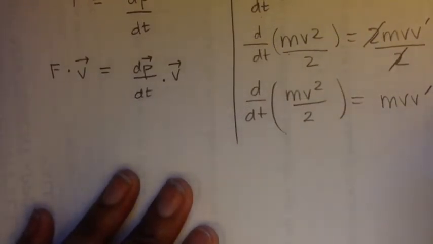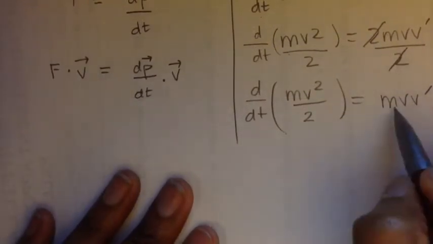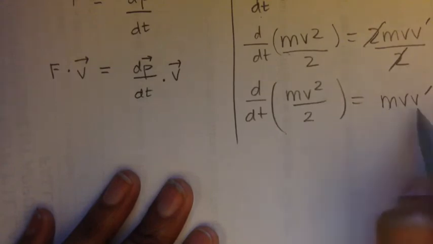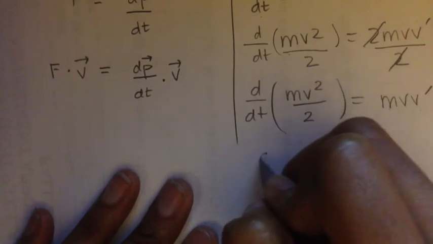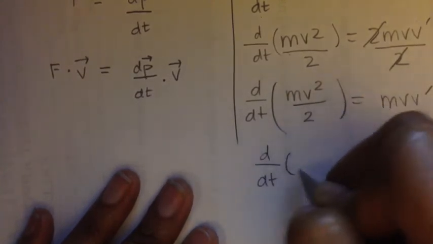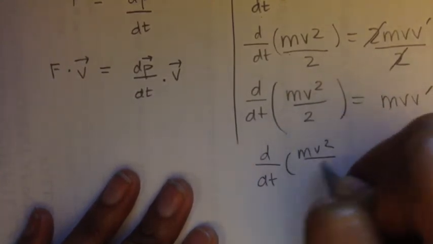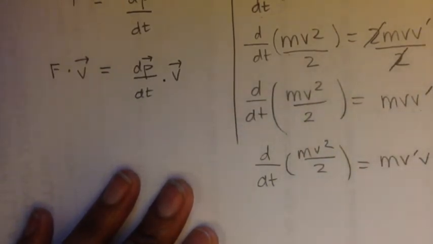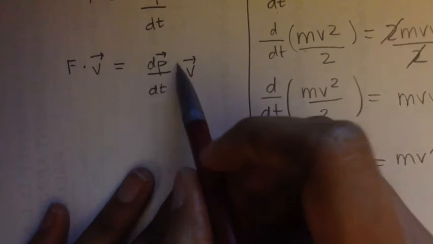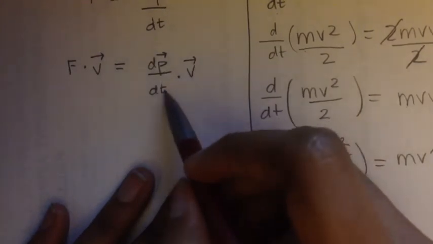So if you look closely, you see that this is mass times velocity prime. Let's write it out in this way. Over here we have the derivative of momentum with respect to time.